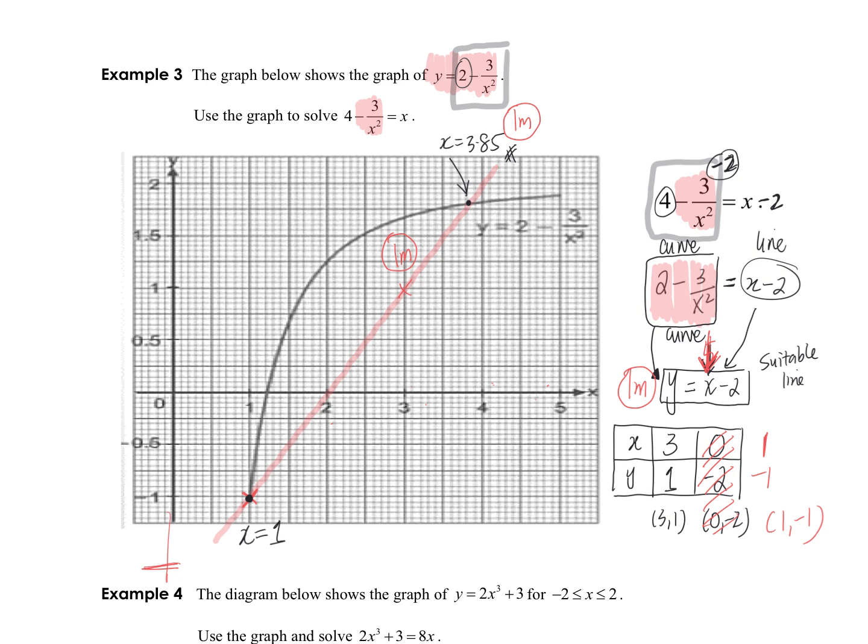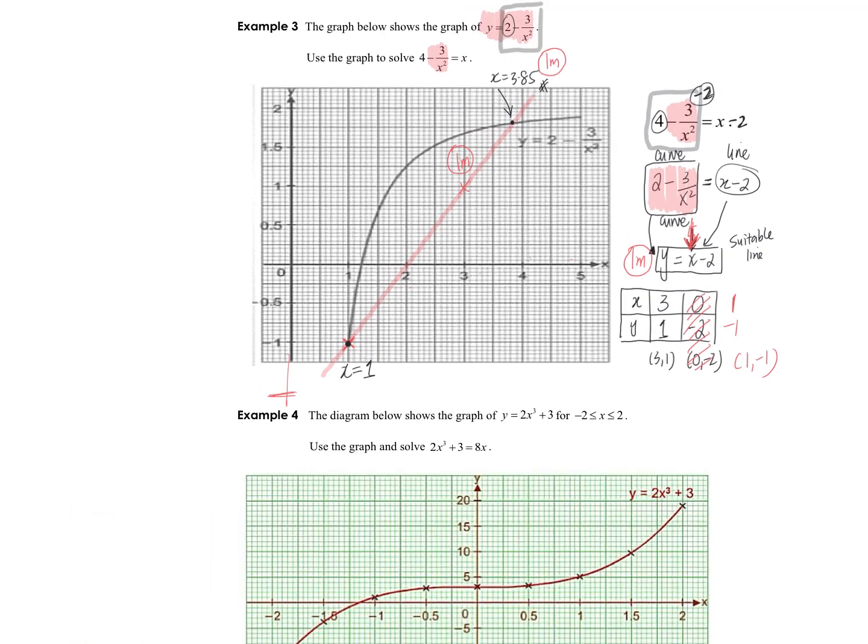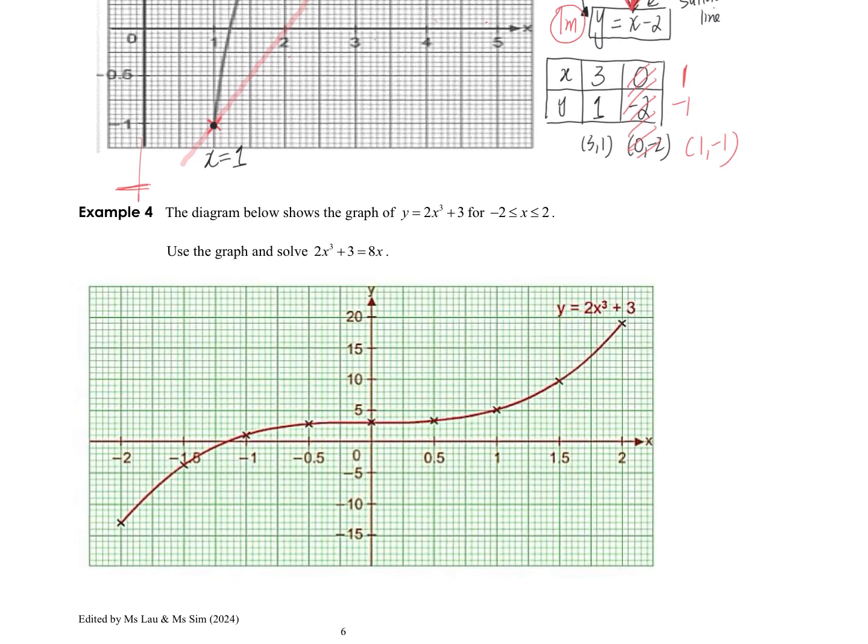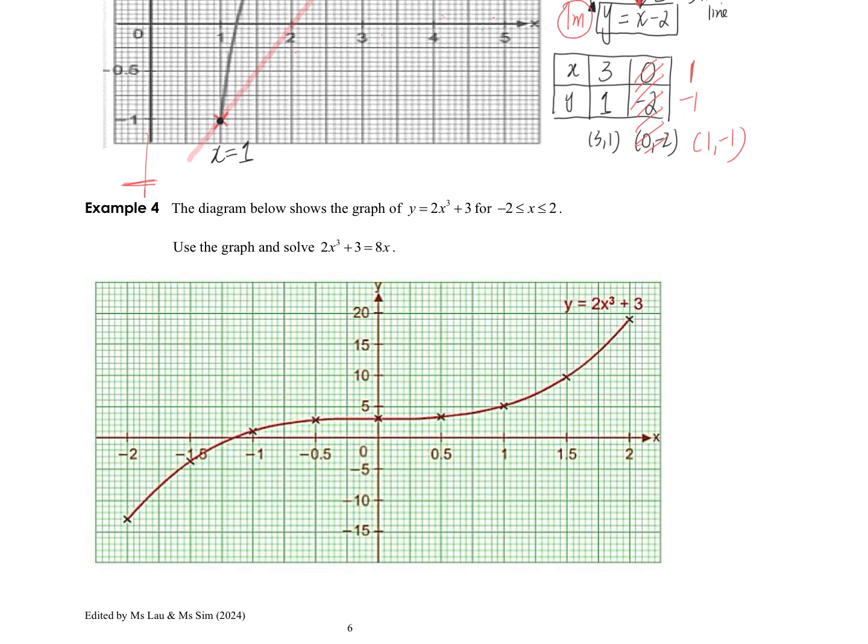Okay? One last one. This one. Let's try to find the suitable line again. So now I'm going to ask you, this is my curve. What is my suitable line?